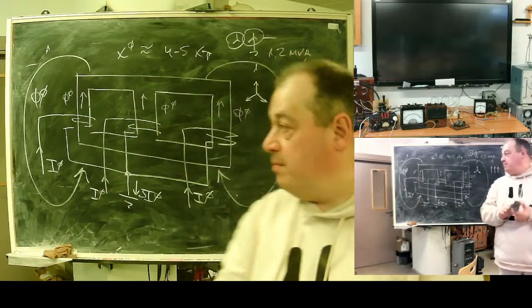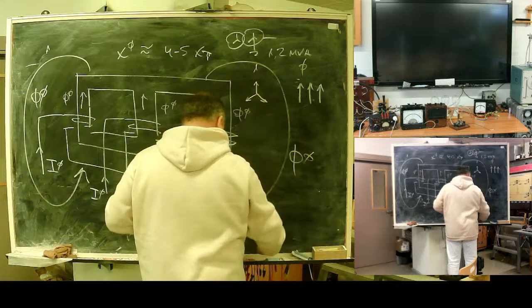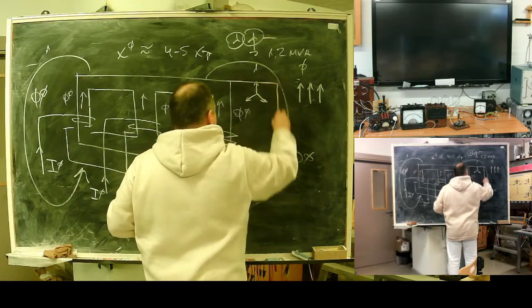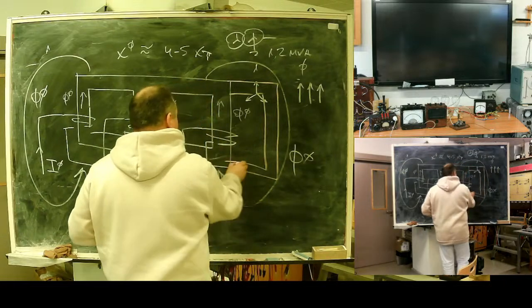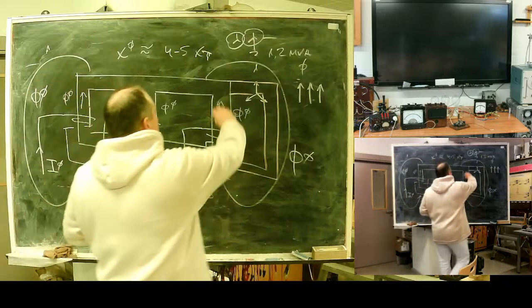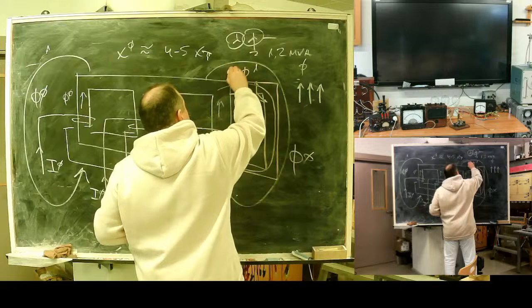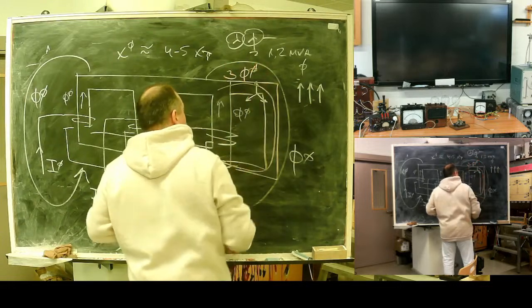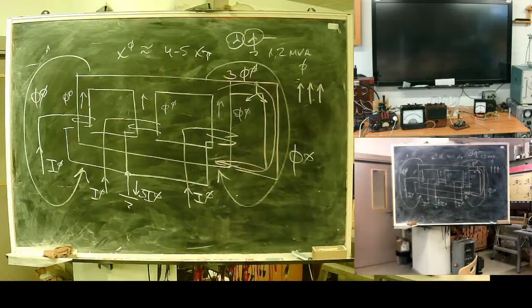If you add one more leg to your transformer, you will create a path for the triple zero sequence flux through this leg. You will create a path for zero sequence.